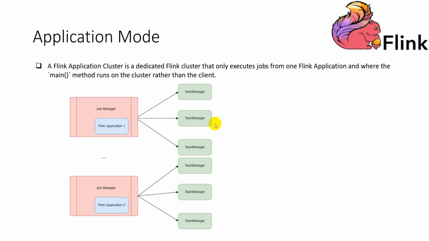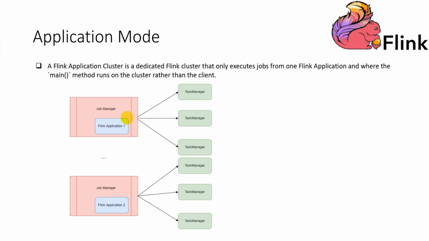Instead, you package your application logic and dependencies into an executable job jar, and the cluster entry point is responsible for calling the main method to extract the job graph.